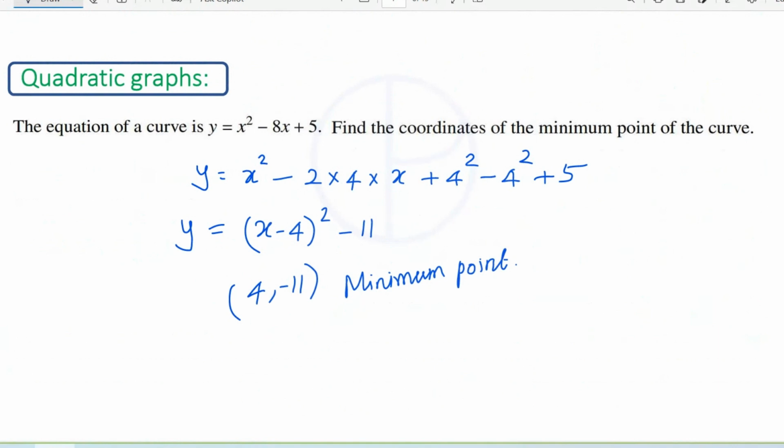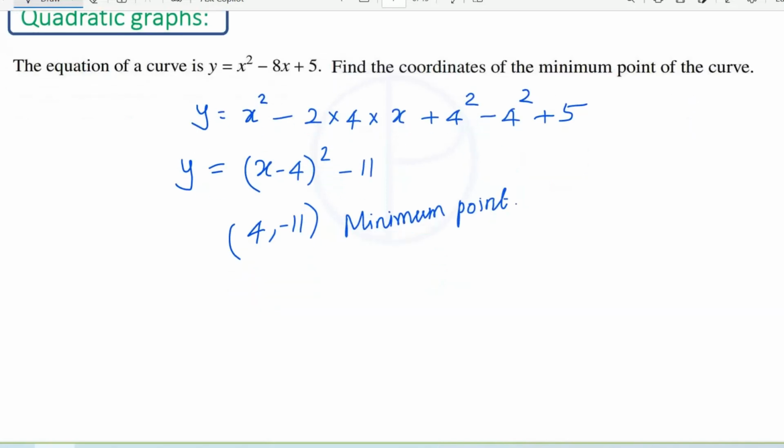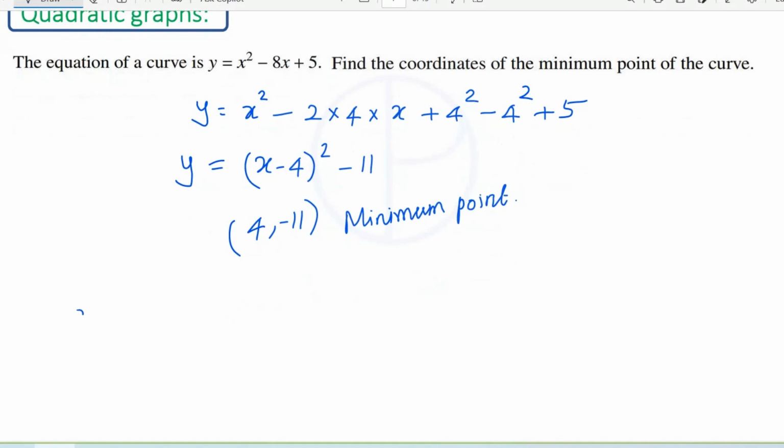Alternatively, you can use differentiation also. If you differentiate y with respect to x, you will get 2x minus 8, and for finding the coordinates of the minimum point, the turning point is 0. So 2x equal to 8, so x equal to 4.